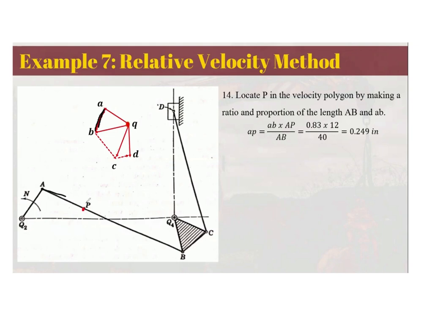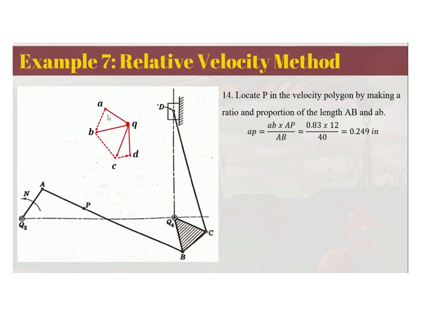So joining AB, and here in the velocity polygon joining AB. By ratio and proportion, we can compute for the point where P is located in this velocity polygon, using the ratio of the length AB and the small letters ab. As you can see here, our ap divided by big letters AP is equal to ab divided by big letter AB.